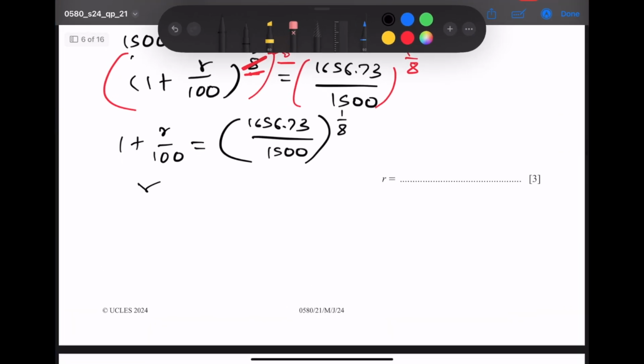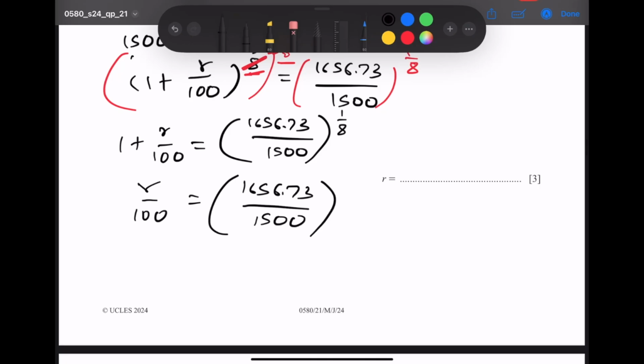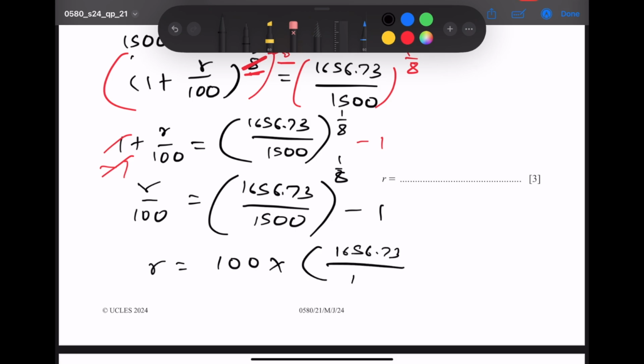So r by 100 is equal to this chunky right side minus 1, since you're removing 1 from both sides. And r is equal to 100 times the right hand side, so 1656.73 by 1,500, to the power of 1 over 8, minus 1.